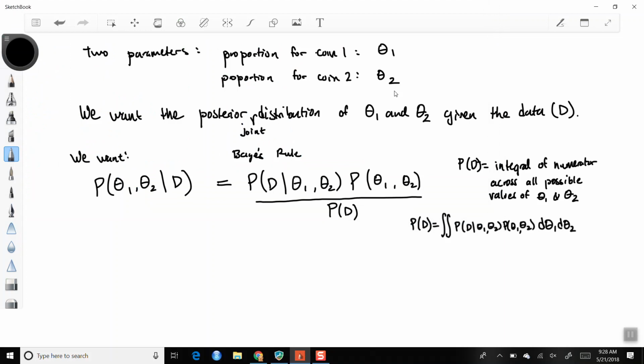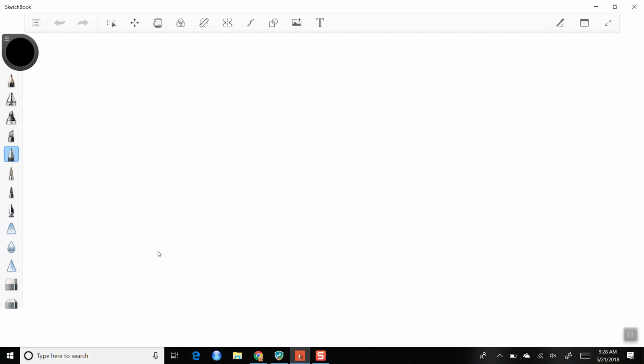Okay, let's think about what the likelihood is. Let's put this on the next slide, actually. Okay, here we go. So our data: we've got data from 2 coins, so we've got heads and tails from 2 coins.